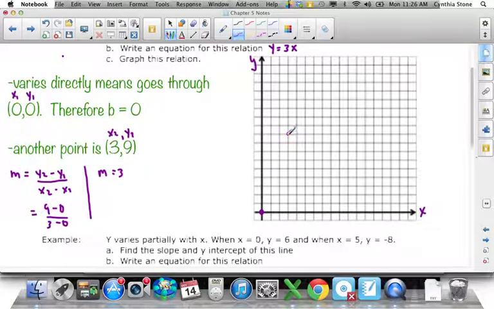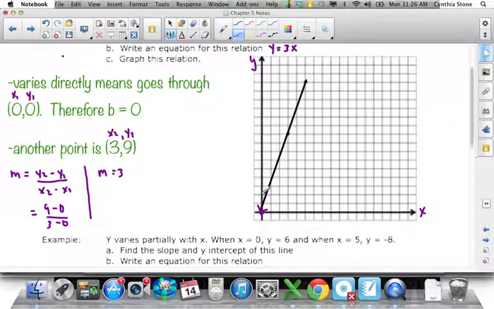There's my second data point, and I'm going to connect those by a straight line. And again, I can assume that it can go forever in either direction. There's nothing that tells me it can't, so I'll put an arrow on both ends. Okay, so that's my graph.